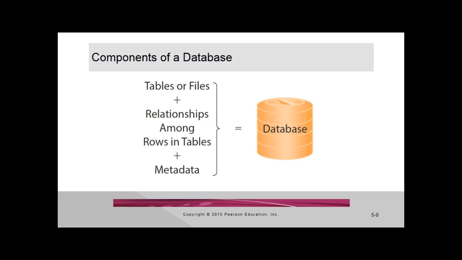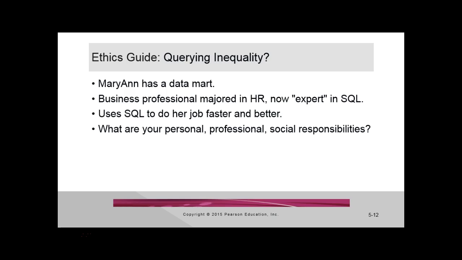We saw those things come together when we built tables ourselves. There was always a unique column or columns that identified a row, just like a student ID, a driver's license number, or a social security number. What do we call that in the database world? It's called a primary key.